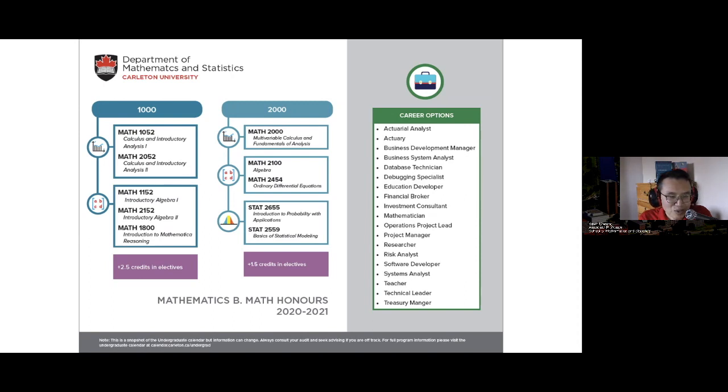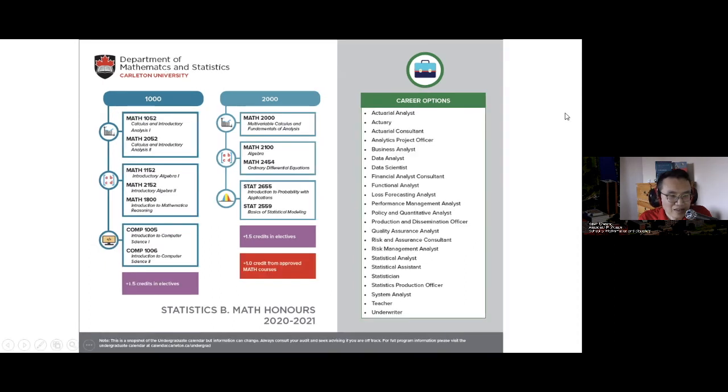Now, switching over to the statistics side, the difference will be in the first year and a slight difference in the second year. So in the first year, statistics students will have to take 2 computer science courses.